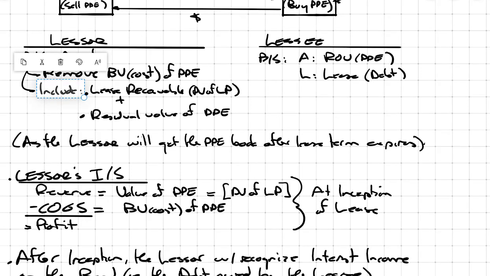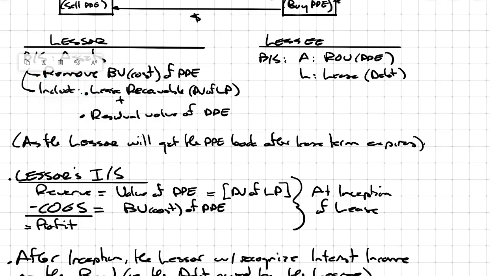They would include a line item called lease receivable, and it's basically the present value of the lease payments, which is really what the value of the bond is. In other words, we're assuming that the lessee issued a bond that was equal to the present value of the lease payments. So basically, the lessor is reporting as if they bought a bond, which they just call lease receivable.